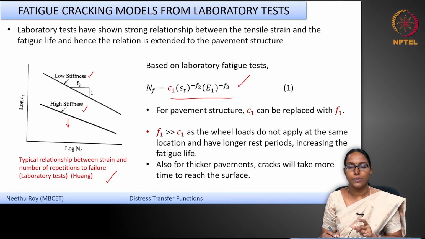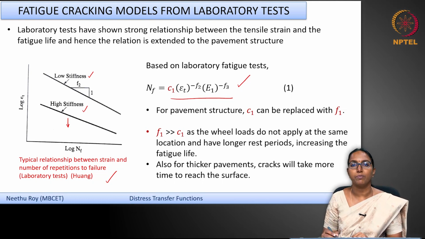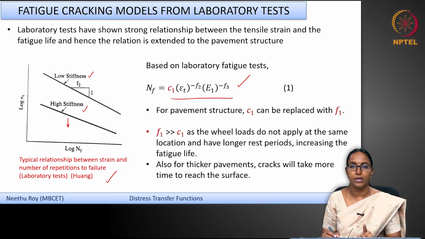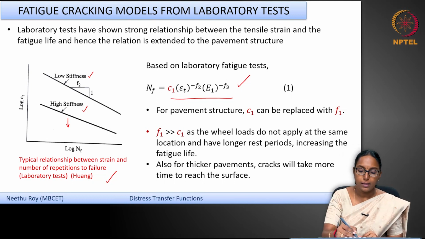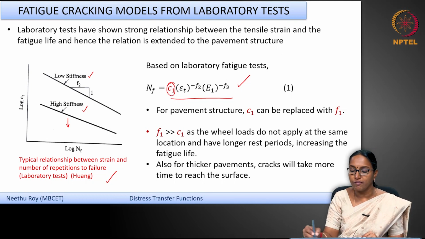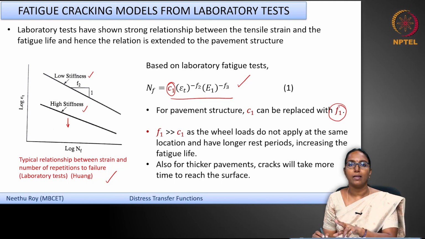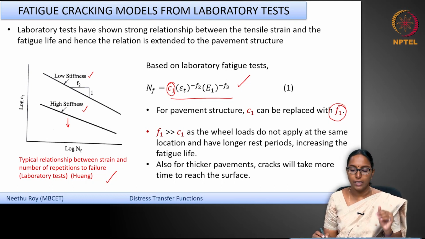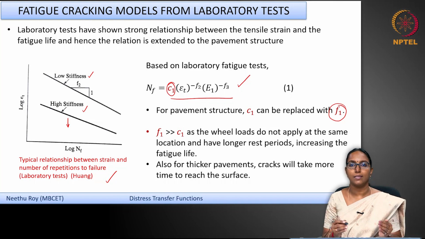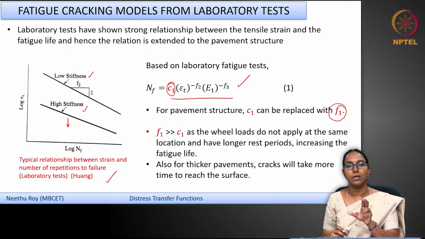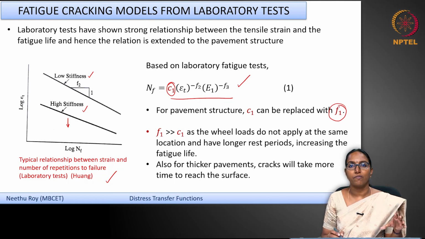So, the similar expression can be used wherein NF represents the number of load repetitions to failure of the pavement structure by fatigue, and the C1 can be replaced with another factor, F1, which will indicate the shift from the laboratory investigation to the field investigation. That is actually the shift from the fatigue response of the mixture in the laboratory to the fatigue response of the pavement layers, or the top layer, or the pavement structure as a whole in the field.